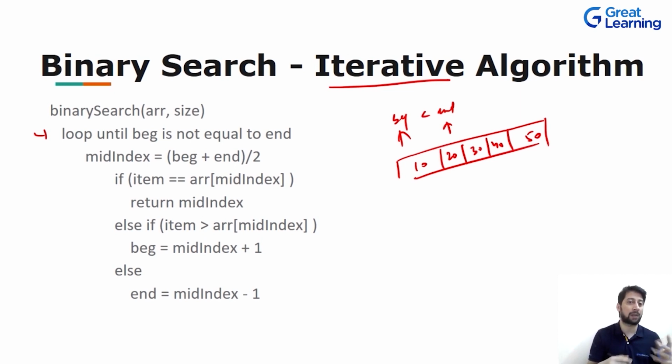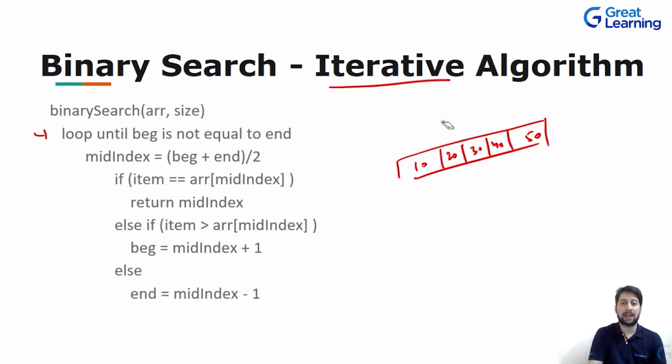We can still apply binary search even if the array is not sorted, as long as some order is there so that we can neglect some part of it, because again it follows the paradigm of divide and conquer. So now we have this beginning and end in place, and we will always iterate when beginning is less than end, right?